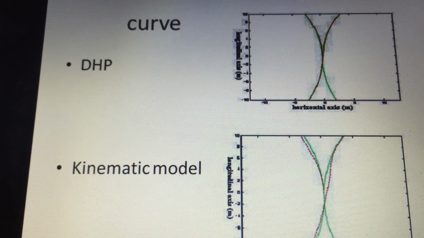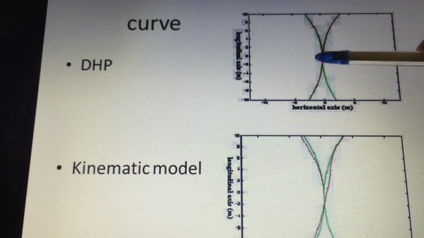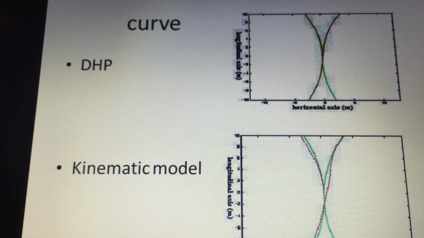Okay, so these two graphs show the curves of the moving trajectories between two different methods. The first one is under DHP. The green line is the reference path, and the red line is the actual path of the vehicle.